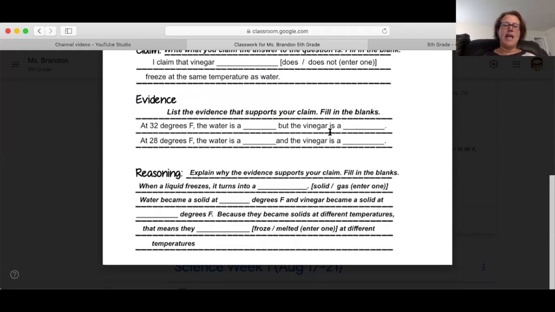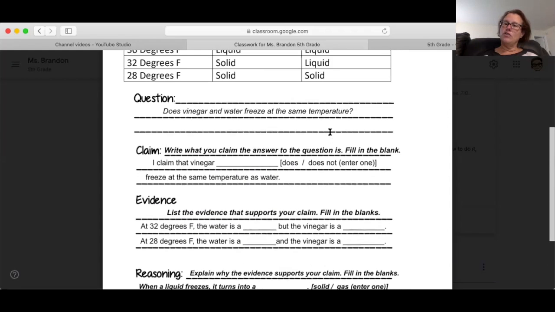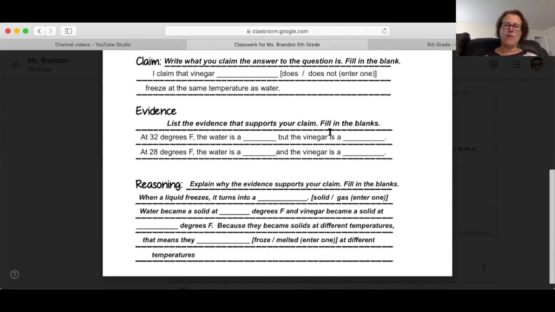Water became a solid at something degrees Fahrenheit, and vinegar became a solid at something degrees Fahrenheit. So then tell me, when does vinegar become a solid? Look on your data chart. Okay, so we're figuring that part out. And then because they became solid at different temperatures, that means they what? Did they freeze or melt at different temperatures? Okay, fill in the blank and then submit it.